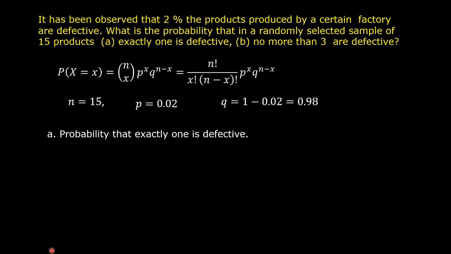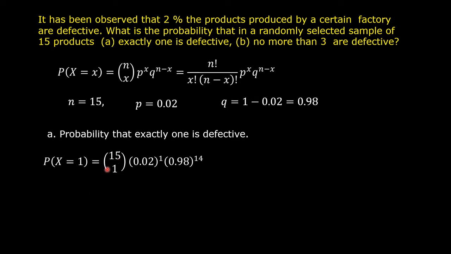Let us solve letter A. Exactly 1 is defective. So we are going to solve for the probability that exactly 1 is defective. The probability that x is 1 is equal to, just substitute 15 for n, 1 for x, 0.02 for p, and 0.98 for q.